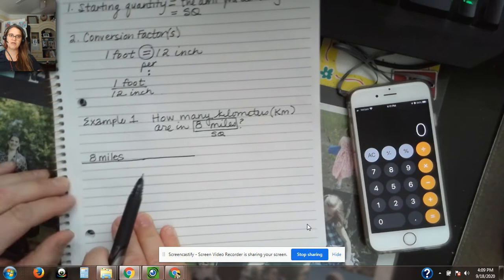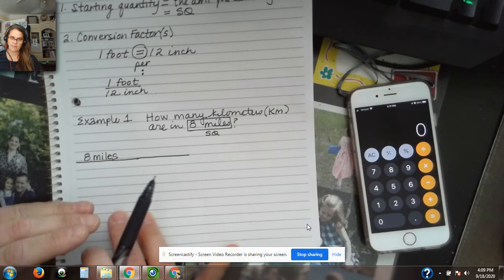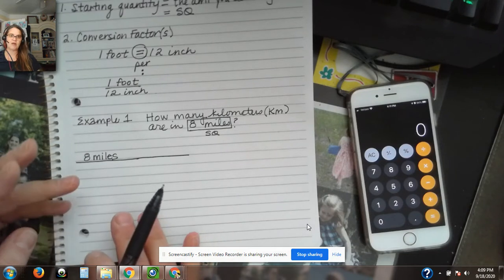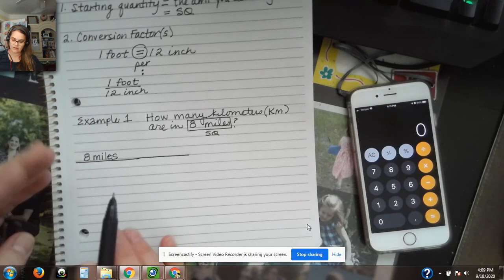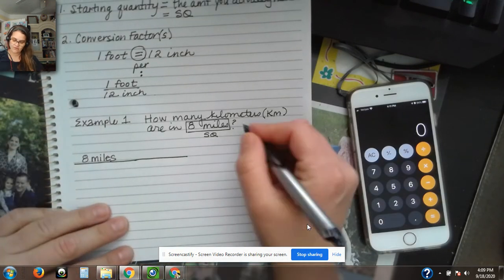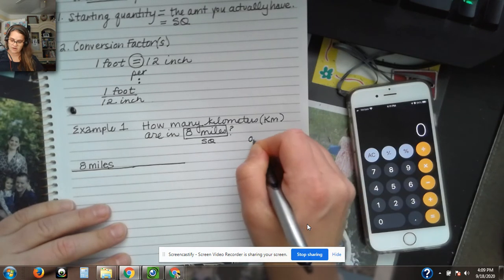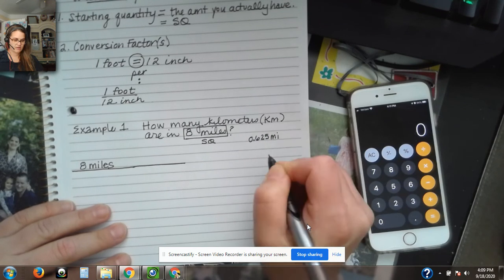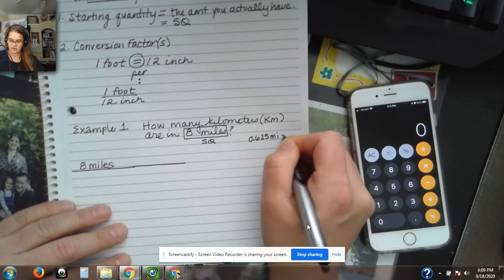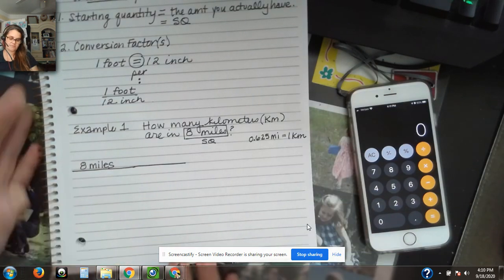Now, sometimes we need more than one conversion factor, but for this one, I went and looked up how many miles to a kilometer or how many kilometers to a mile. And so I found out that the conversion factor is that there are 0.625 miles in 1 kilometer. Those two things are equal to each other.